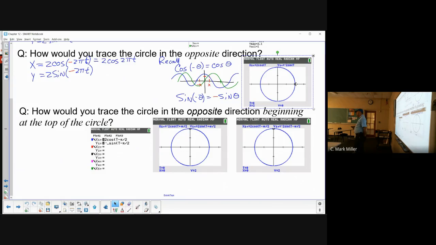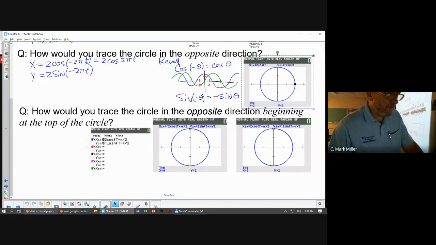And so when t equals 0, I want it to be up at pi over 2. Top of the circle is pi over 2. Everyone with me? So when t equals 0, I want it to start at pi over 2. So that's a concept. So let's go to our calculator.